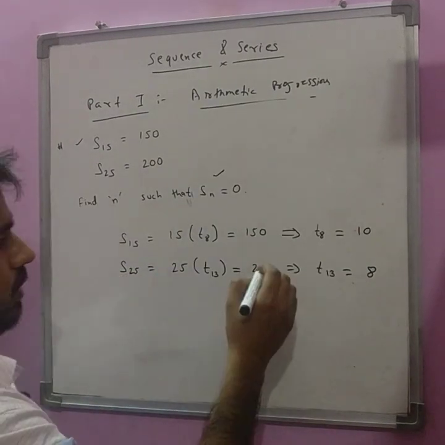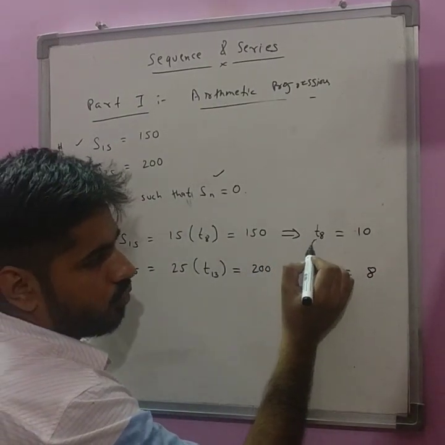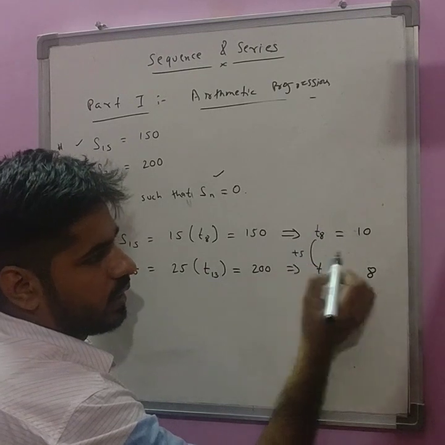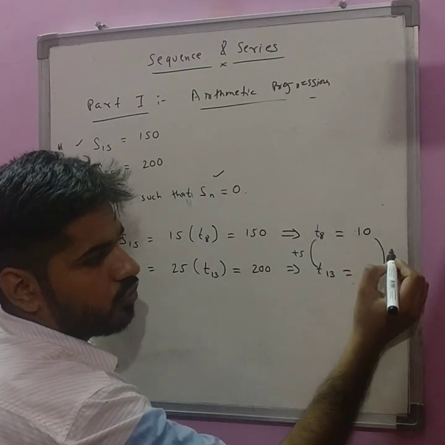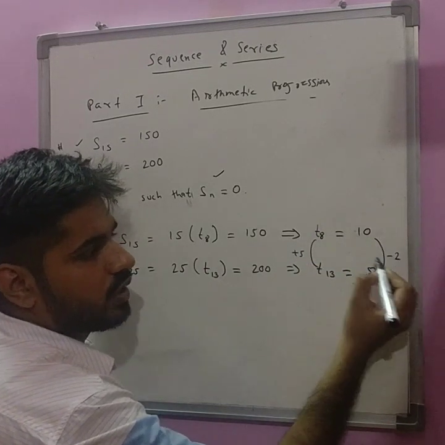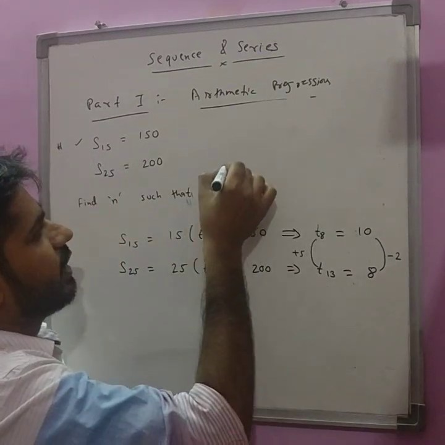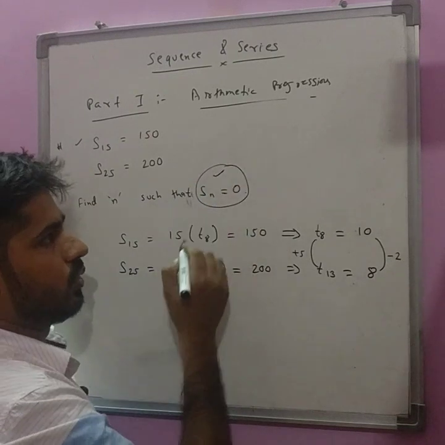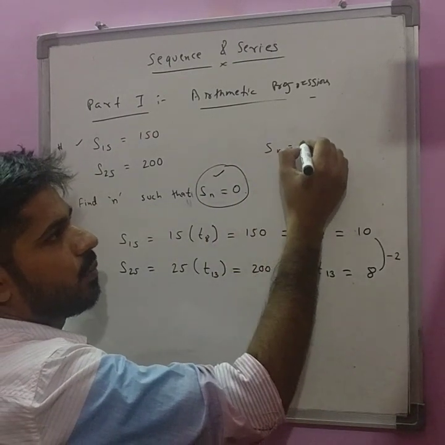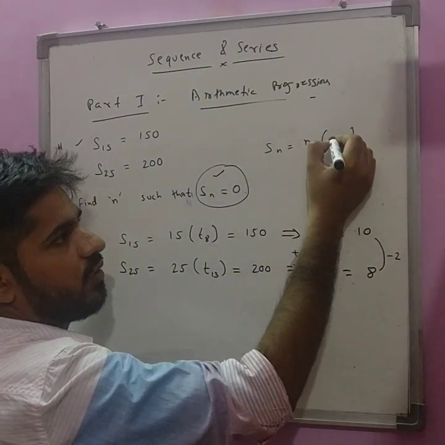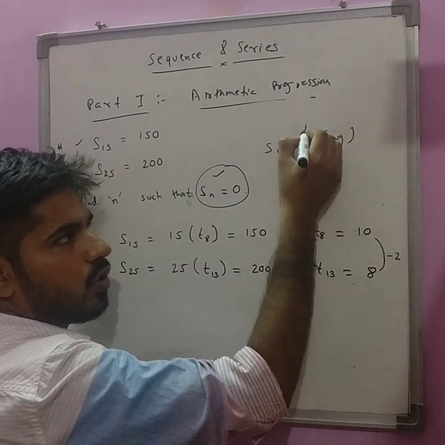See, there is a jump of plus 5 terms and there is a jump of minus 2 in the value. Okay, what I need is sum 0, and the formula for the sum is the number of terms into the average.